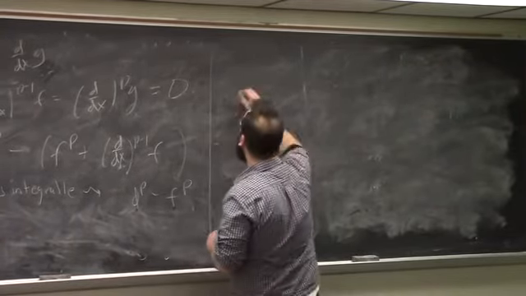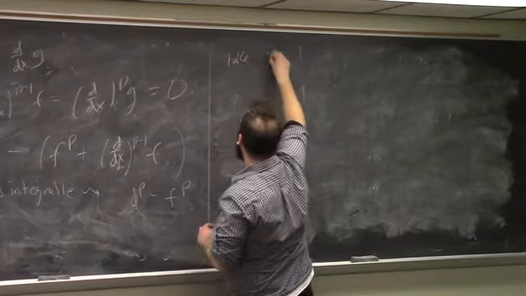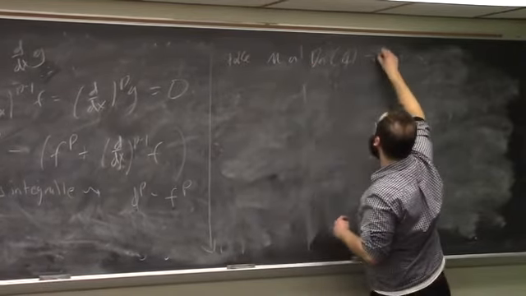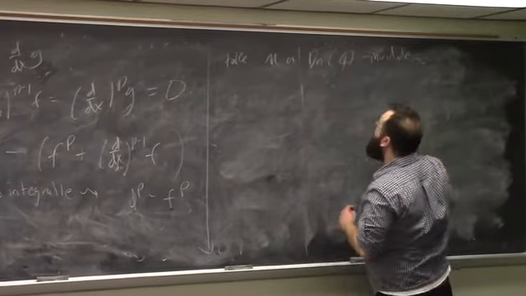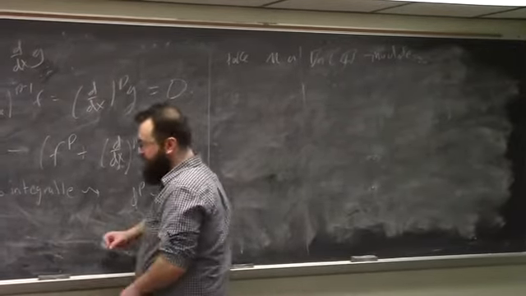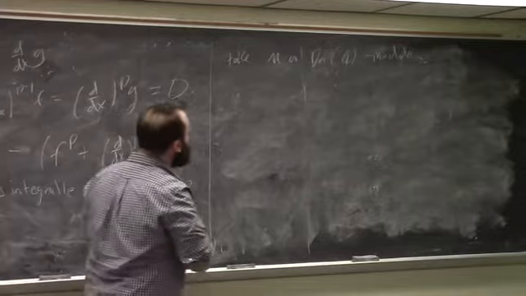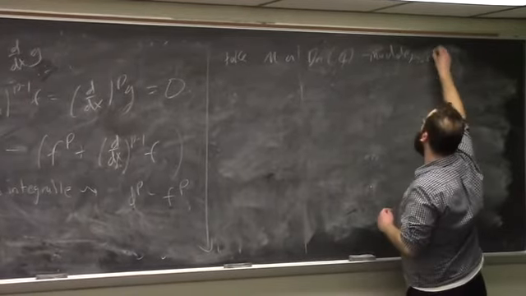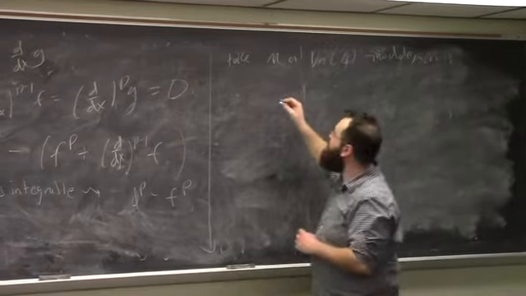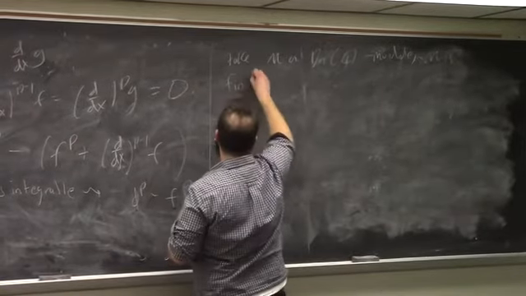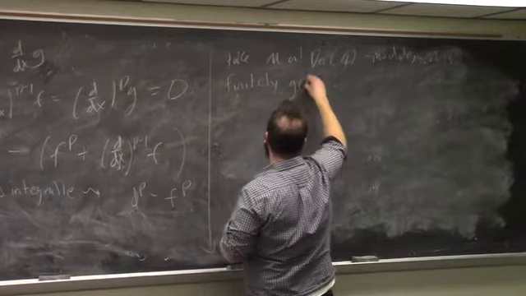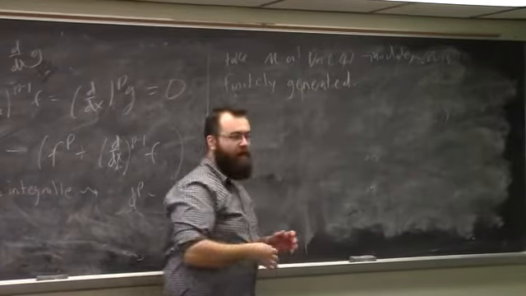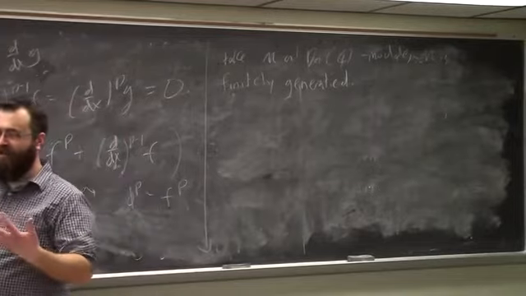So let's take M, a D_n-module. And let's suppose that M is finitely generated. Okay, well, M has finitely many generators and relations.